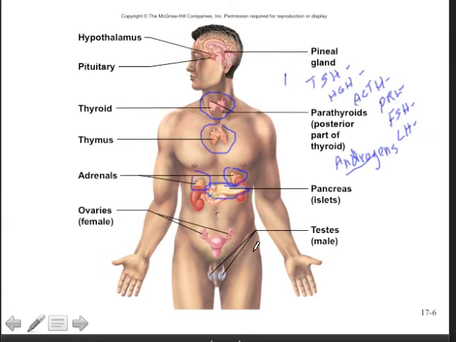As an endocrine organ, it produces two hormones that regulate blood sugar: insulin, which has the effect of reducing blood sugar levels, and glucagon, which has the effect of elevating blood sugar levels. And so this is one of the ways that we keep the amount of simple carbohydrate in the plasma within nice tight limits.